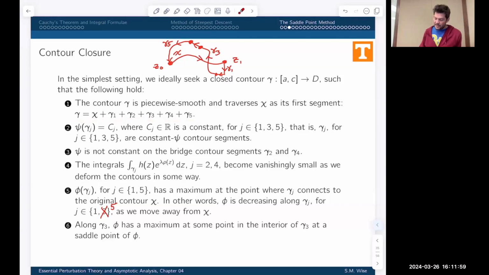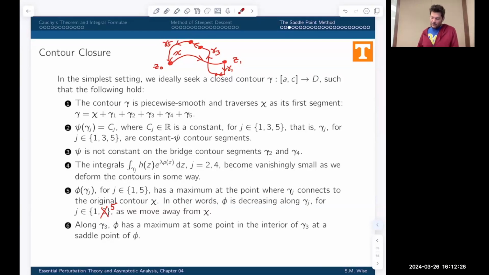We create this closed contour gamma, which does all this and gets us back to the original point. So it's closed, but it basically has the effect of showing us how to create a contour deformation, which is going to be essentially running gamma 5, gamma 4, gamma 3, gamma 2, and gamma 1 in reverse in that order.